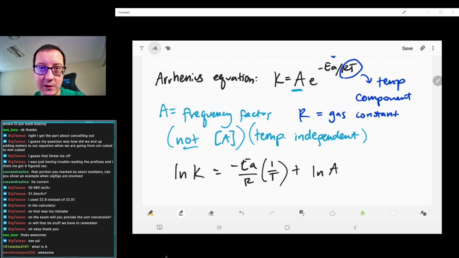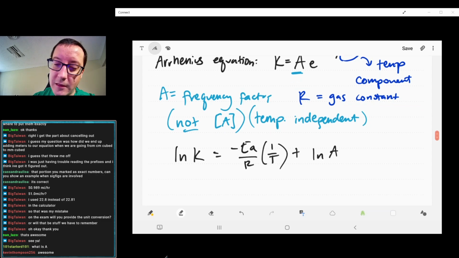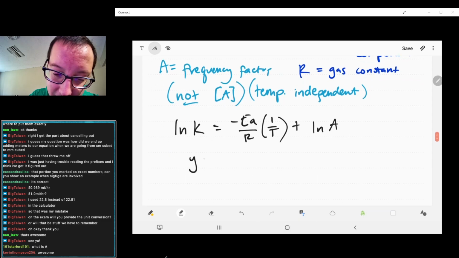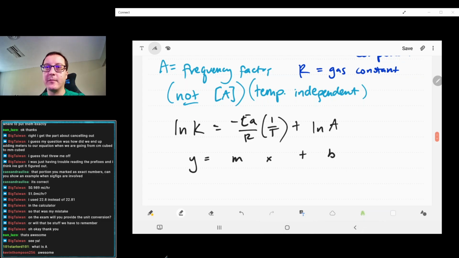If we mess with this equation, guess what we can do with it? Lo and behold, are we seeing a pattern here? We can mess with all of these fun equations to get them into some sort of linear form.